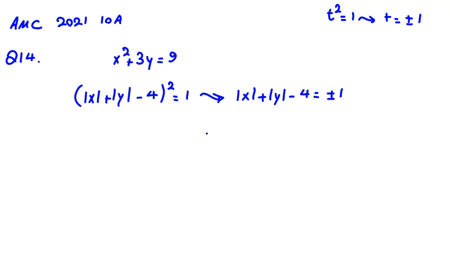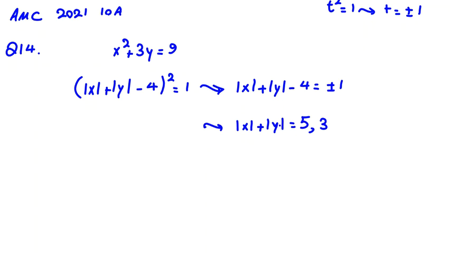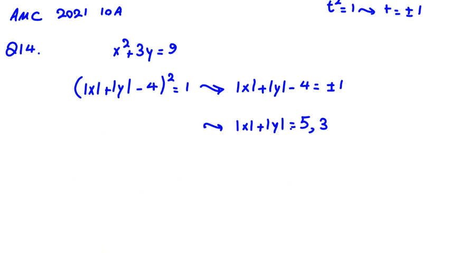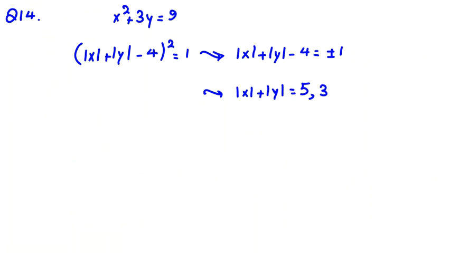So we can conclude absolute value of x plus absolute value of y, we can add 4 both sides, 4 plus 1, 5, 4 minus 1, 3. Okay, so we should draw these two functions. And the problem says what? It says how many xy satisfy this system of equations? Okay. I want to draw first absolute value of x plus absolute value of y equal to 5.